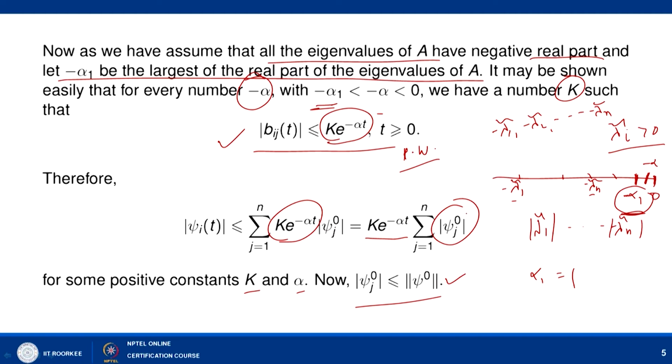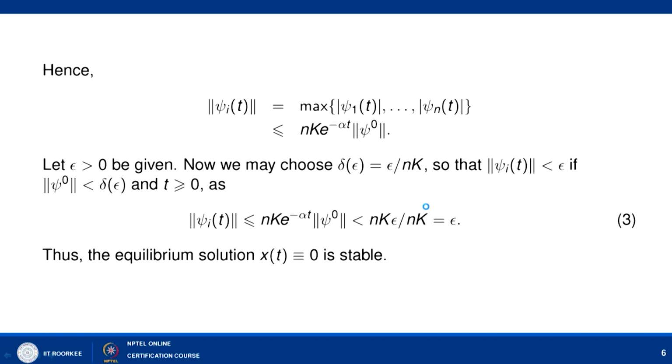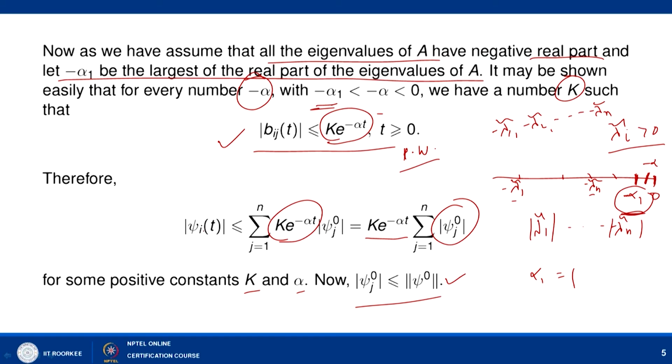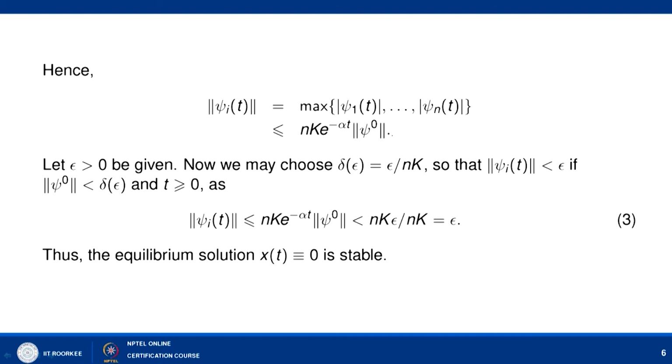So, in place of this I can write that the norm of psi I t is equal to the maximum of psi 1 t to psi n t, and we already know that for each psi I t it is less than or equal to n times k e to the power minus alpha t times the norm of psi 0, and it is true for each I. So in particular the maximum will also be less than n k e to the power minus alpha t times the norm of psi 0.